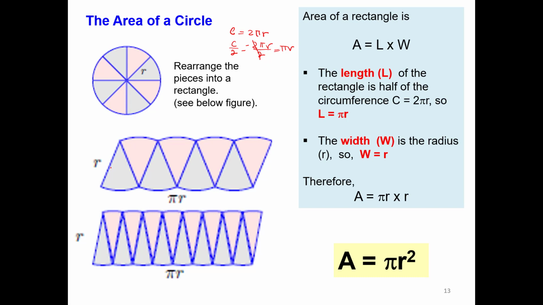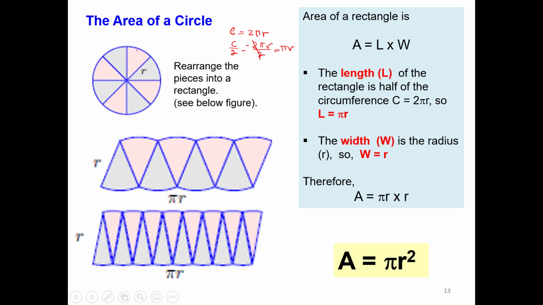But this is not really a rectangle. It's close, but we can see it's not a perfect rectangle. Let's now divide the circle into 16 equal pieces.